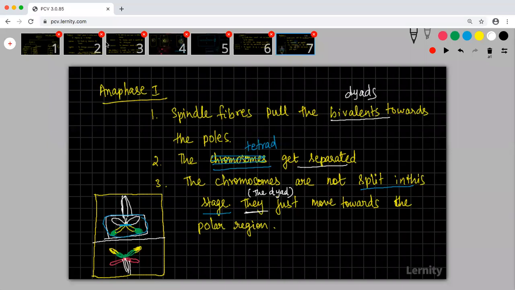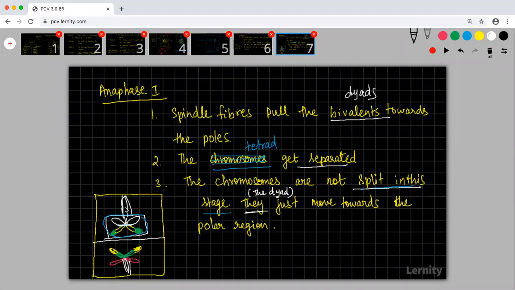So whenever I'm saying that chromosomes are not split in this thing, what do we mean by that? Here, this division is not happening. It is just that one group is going towards one side. If you use some of these words, you will get confused.